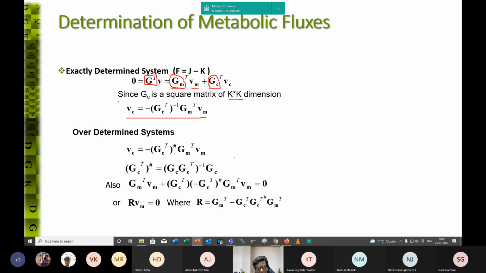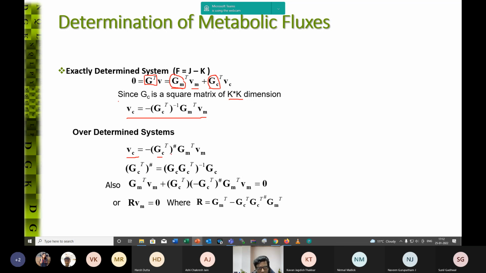When you have an overdetermined system, the problem that arises is that this GC is not square. If this GC is not square, then you get what is called a Moore-Penrose inverse, or pseudo inverse.